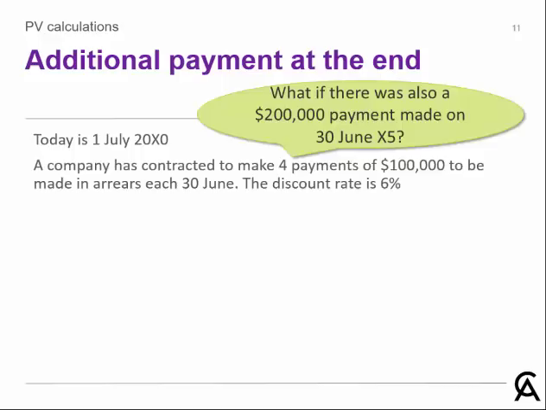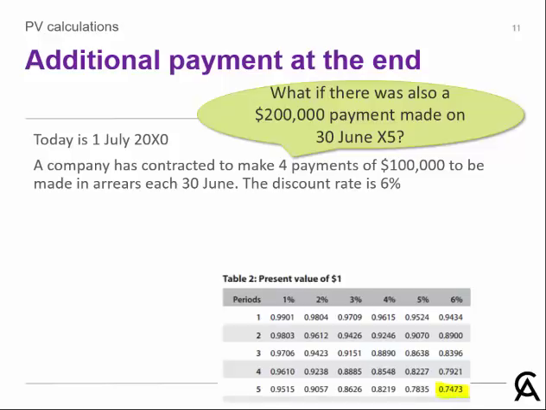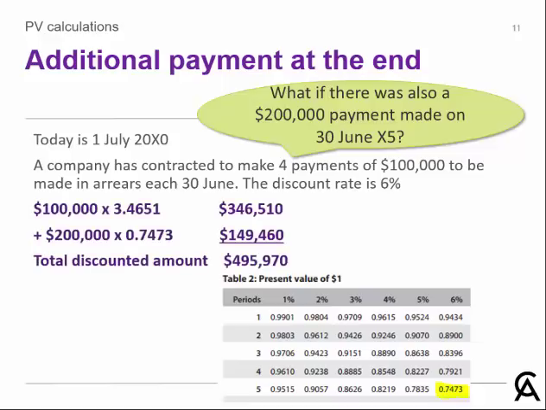Instead, what if I made an additional payment at the end? So if I had to pay 200,000 at 30 June 20X5, how would I go about doing this? So again, there's my present value tables. 6% after 5 years, the factor is 0.7473.